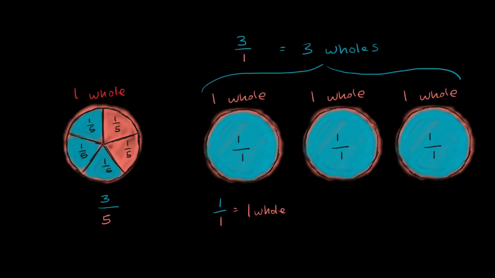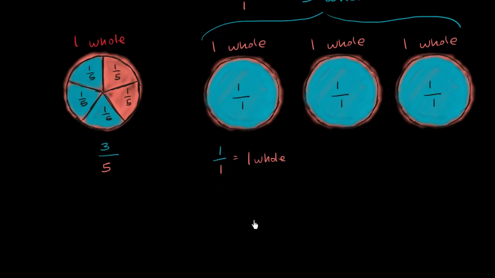And let me emphasize that. Let me draw this on a number line. So once again, let me go all the way to 3. So 0, 1, 2, and 3. So 1 whole gets us exactly 1 jump on the number line. So this right over here gets us to 1/1.